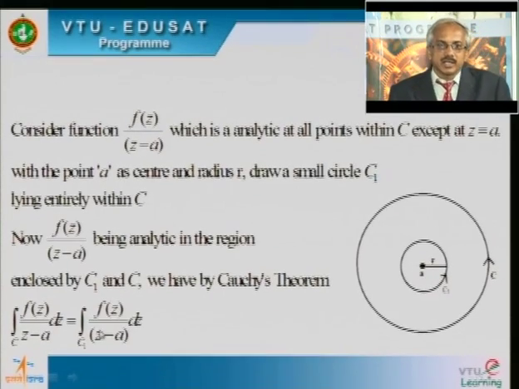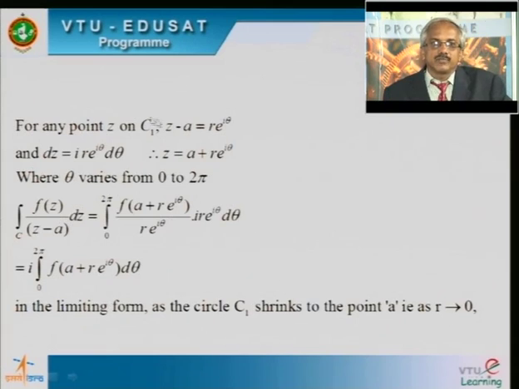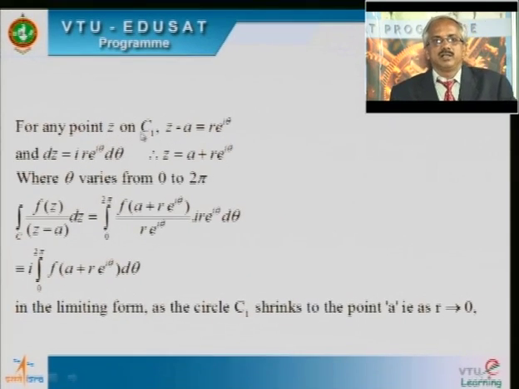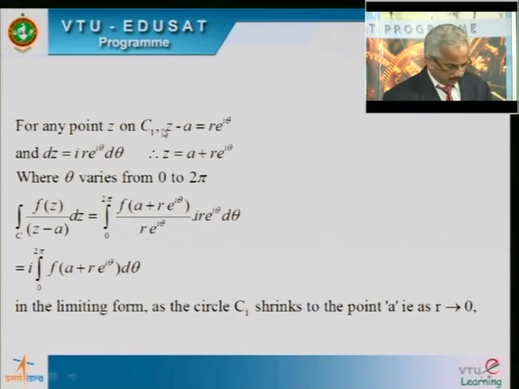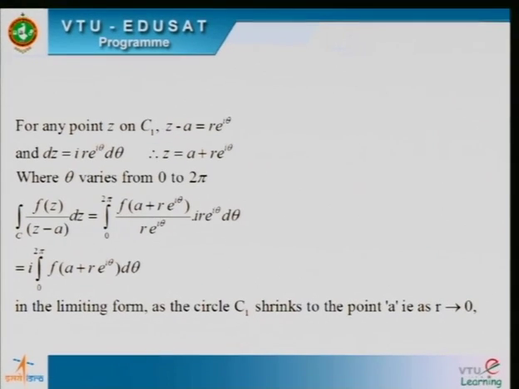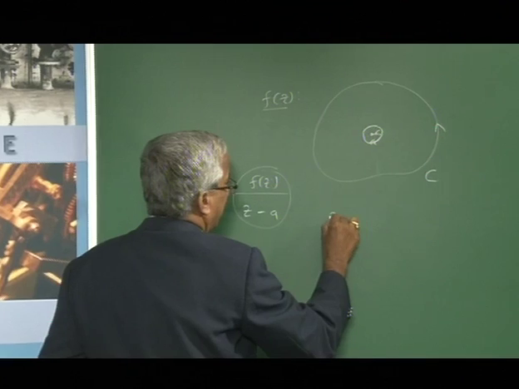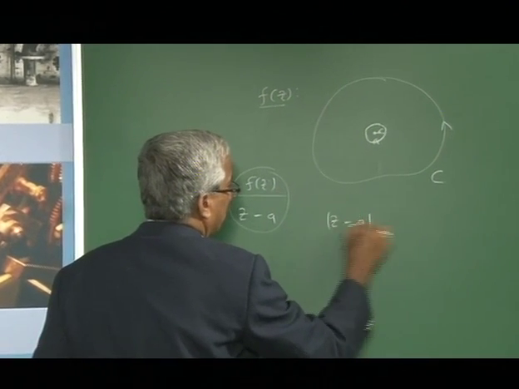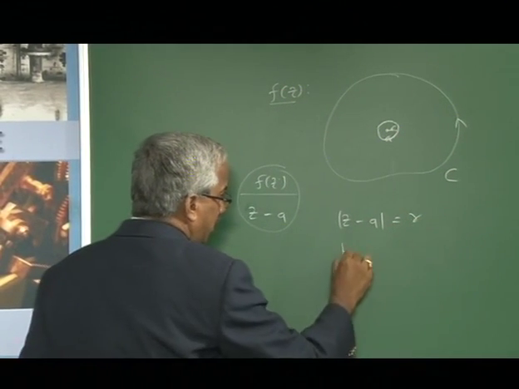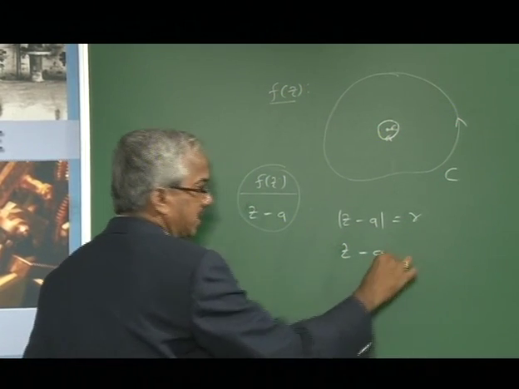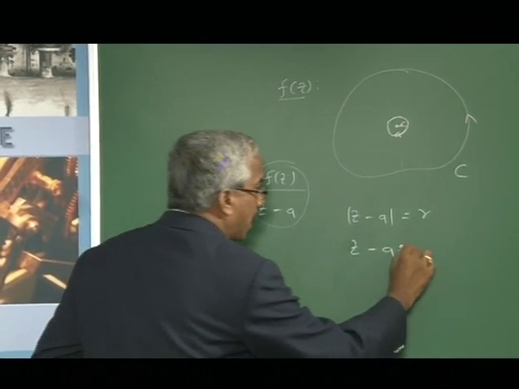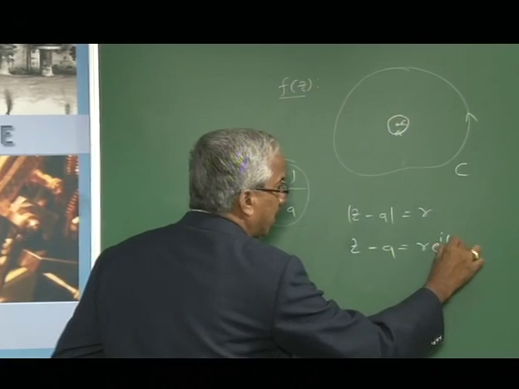So, for any point z on this circle we can take z minus A is equal to R, which can be written as z minus A is equal to R into e power i theta.